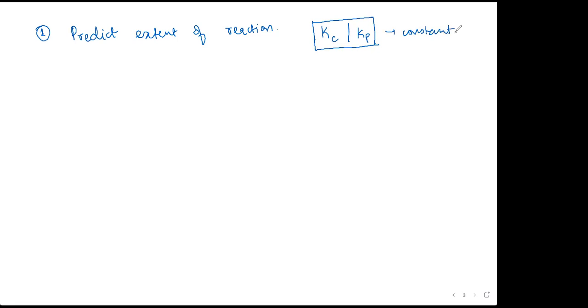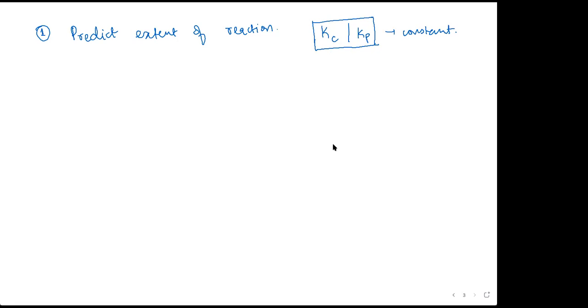So if one person has already figured out the Kc of, say, decomposition of calcium carbonate at 560 degrees Celsius, then people don't need to do it again and again. You can just refer to this particular value for that temperature and figure out how much of the reaction would take place. You can predict the extent of the reaction.